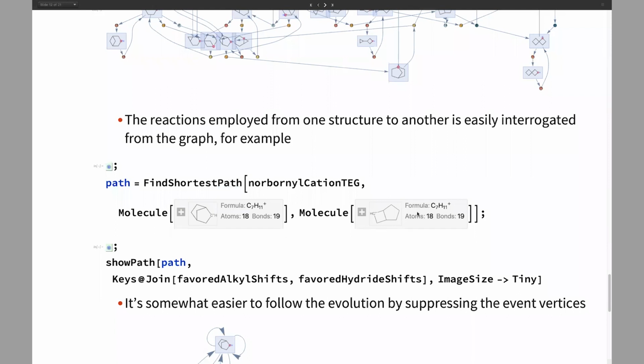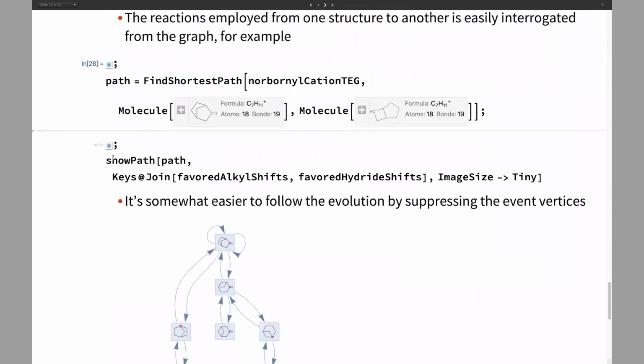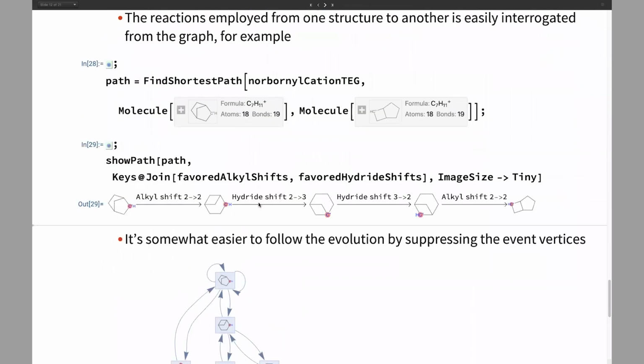So if I want to find out how did I get to this particular molecule here in the network from the starting one, I can actually ask it to find the shortest path on that graph. And then I can show what it looks like here, and I can label it with the names of the specific reactions for that.